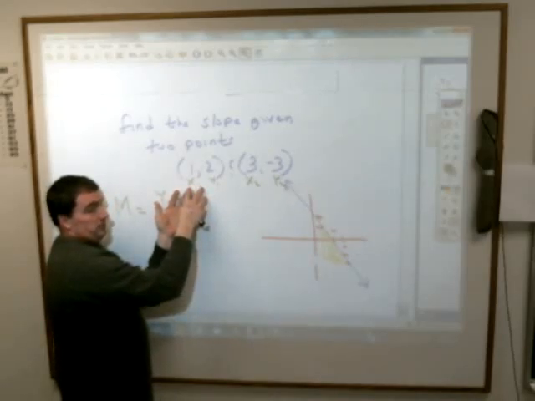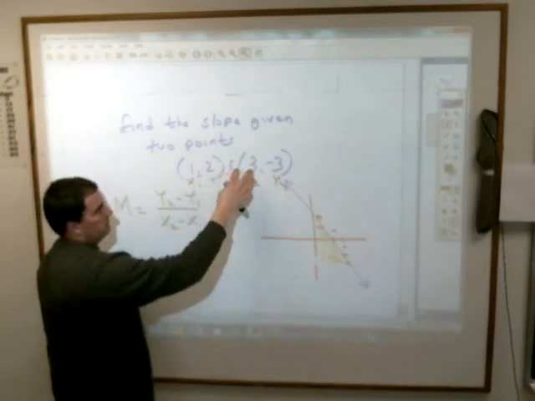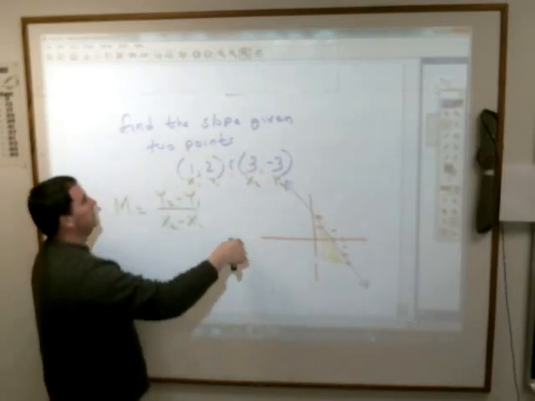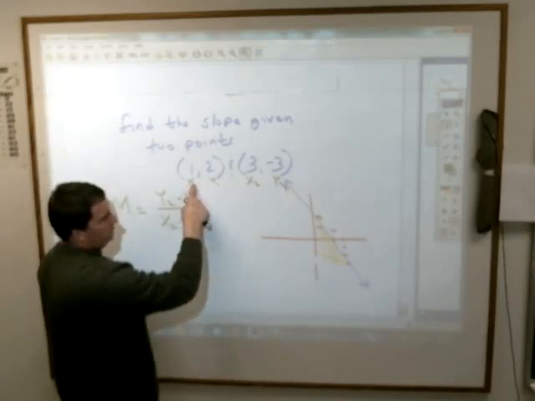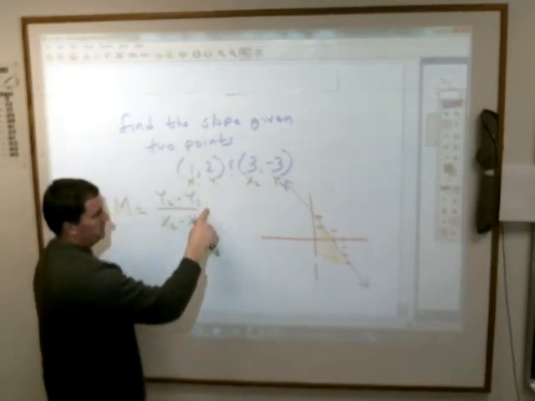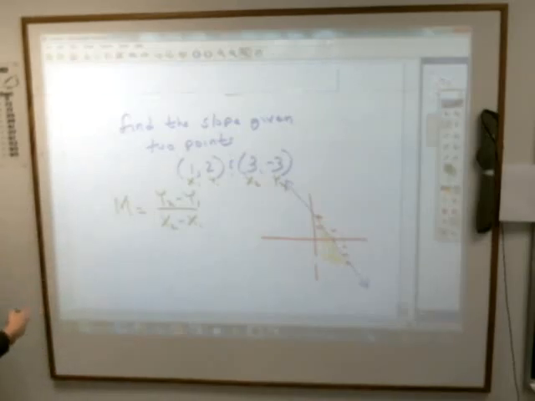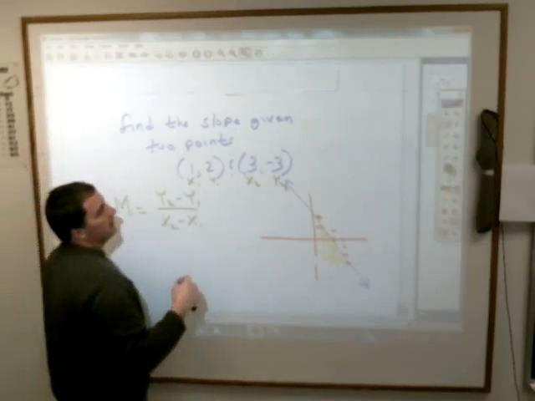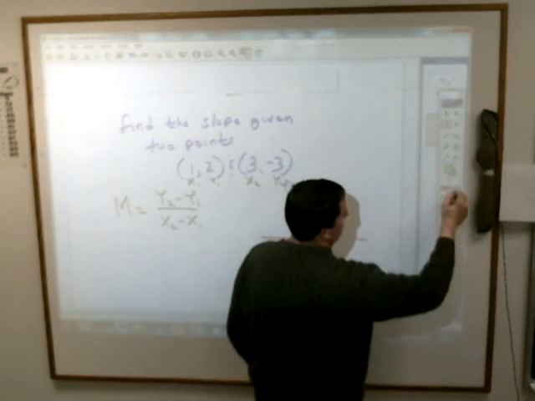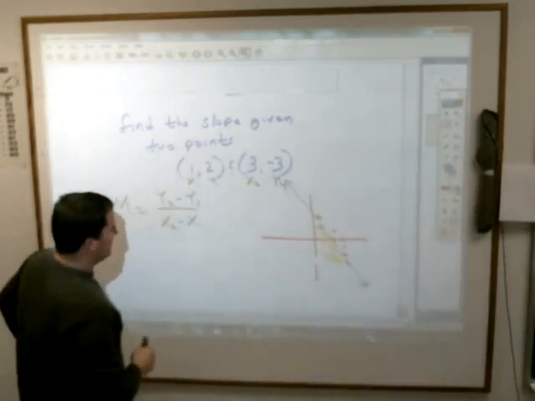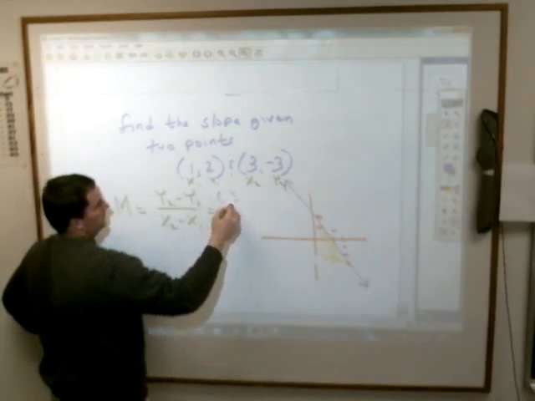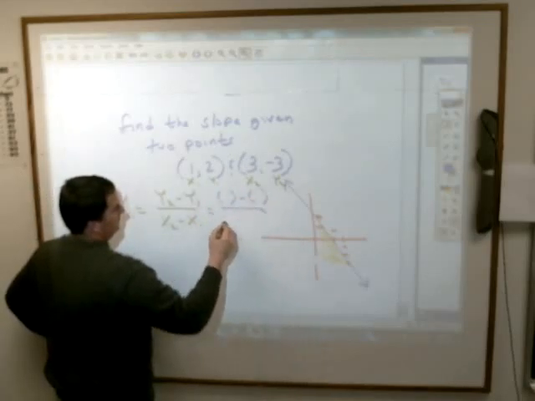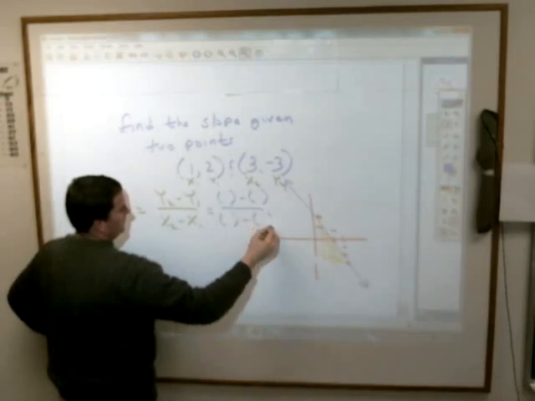You can make these the 2s and those the 1s. You're still going to get the right answer, but these two have to be the same little sub thing. You can't put x2, y1 there. It'll mess you up. So really all you're doing is subtracting the y things, and again, I would strongly suggest putting parentheses in for those things, because otherwise you'll get mixed up a little bit with your negative signs there.